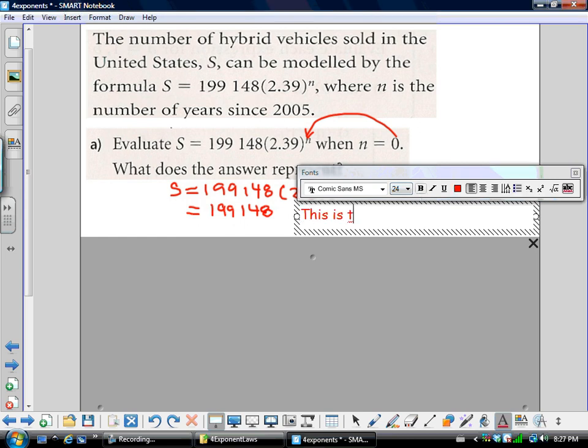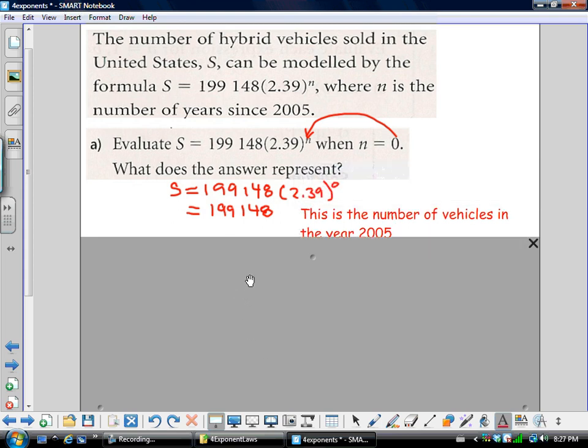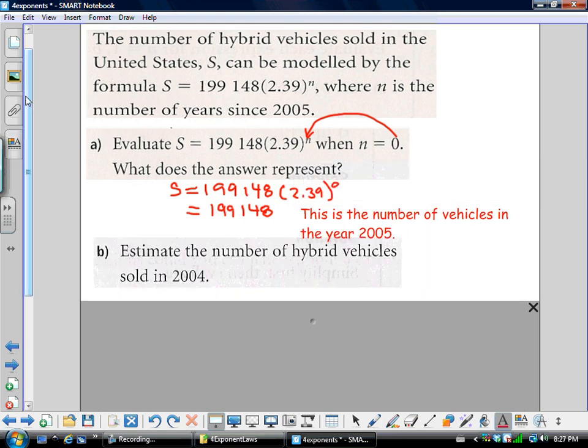This is the number of vehicles in the year 2005. Now, obviously, it's the number of hybrid vehicles, but I just shortened that down a bit.